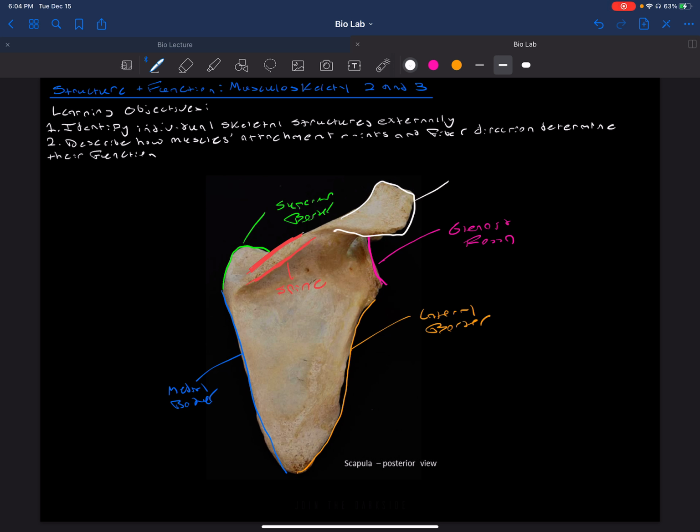So that's the acromion process. So each of these structures is important because they serve as scaffolding for the muscles that attach to it, and that will lead to the muscles that I'll talk about that actually act in the scapula.